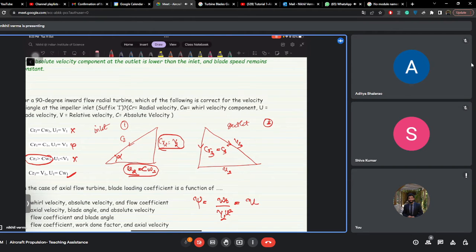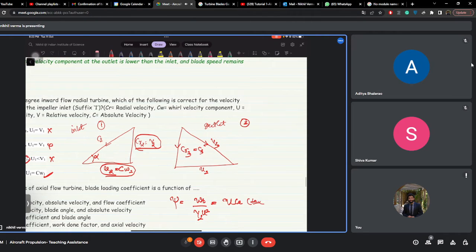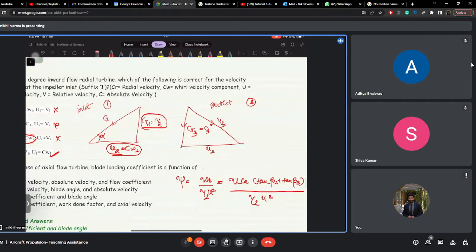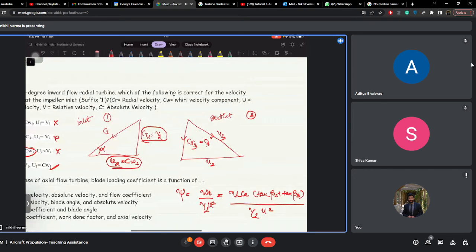So you have U CA, then tan beta 2 plus tan beta 3, divided by half U square. If you substitute, U cancels off and you get 2 CA by U, which is phi, times tan beta 2 plus tan beta 3.